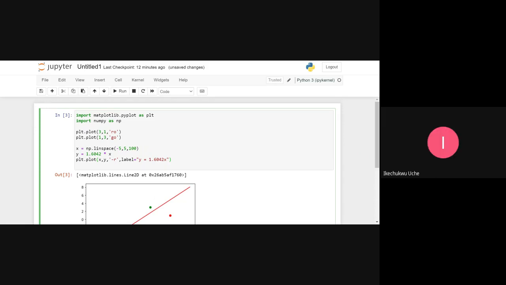Okay, I see an attribute error, traceback, most recent call last. Can you share your screen? Let me see something. Okay, because I'm using my phone, let me come in again through my laptop.